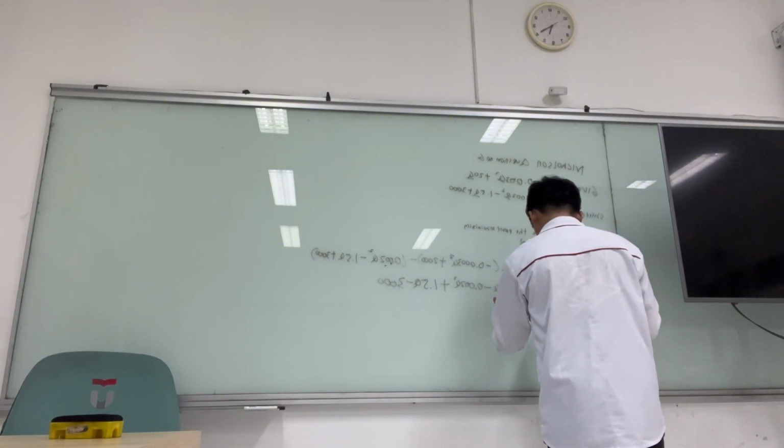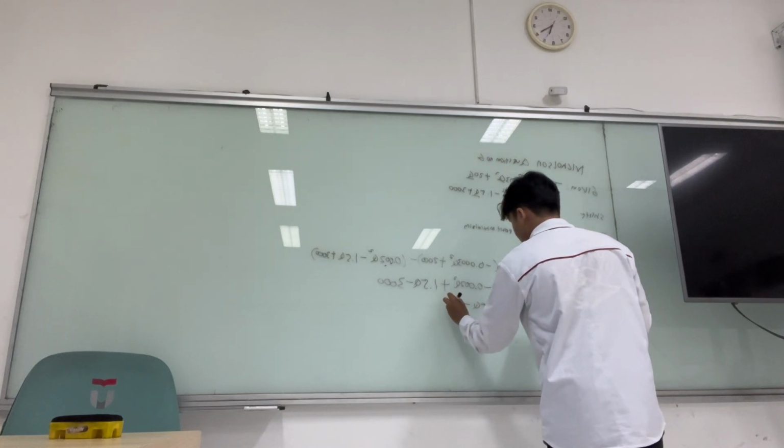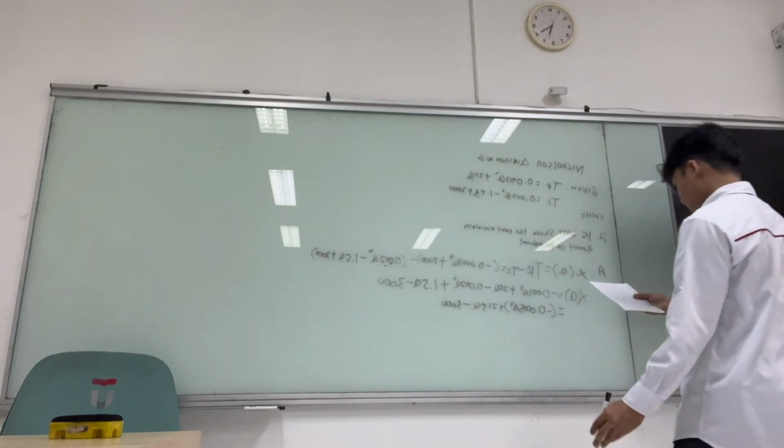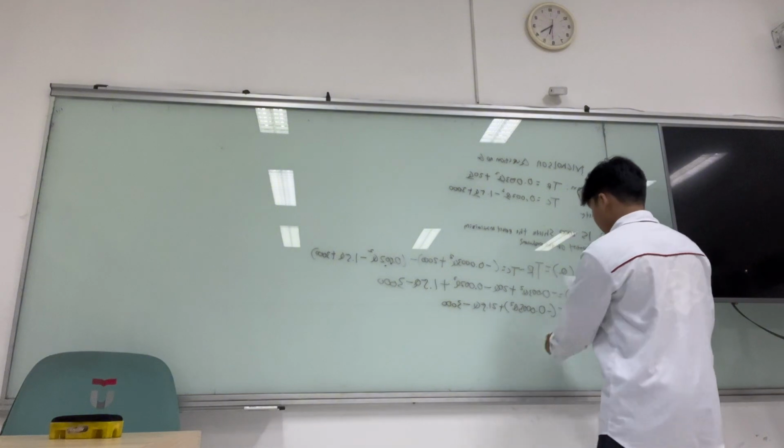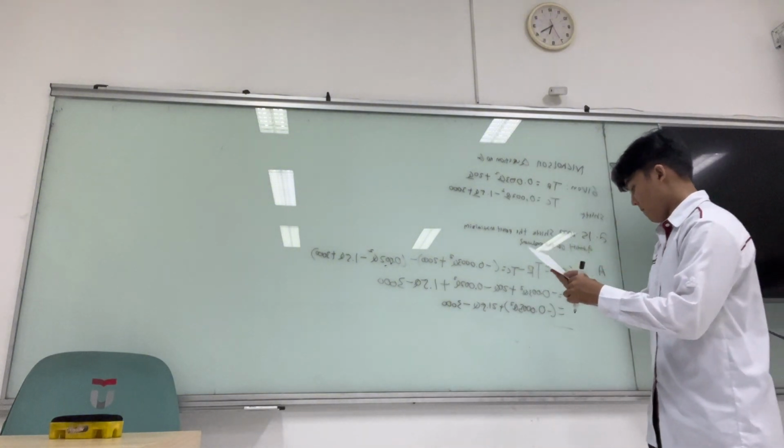Square plus 1.5Q minus 3000. Okay. So this is the simplified version for the first question.